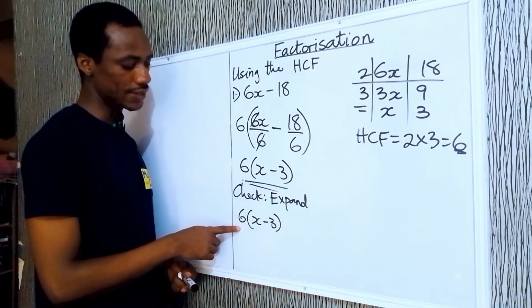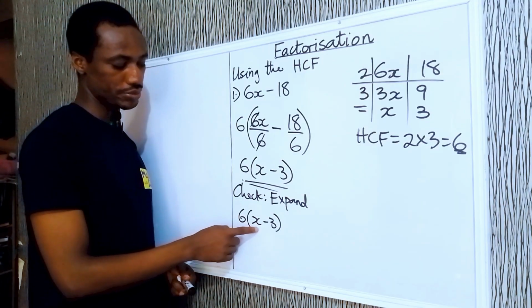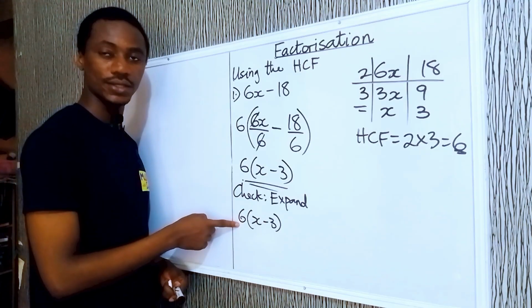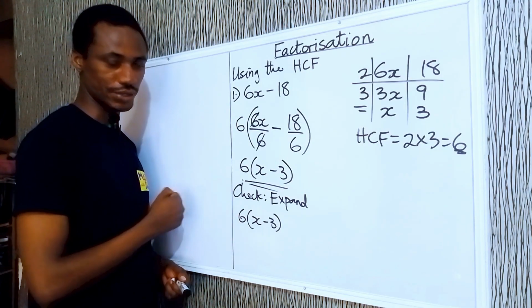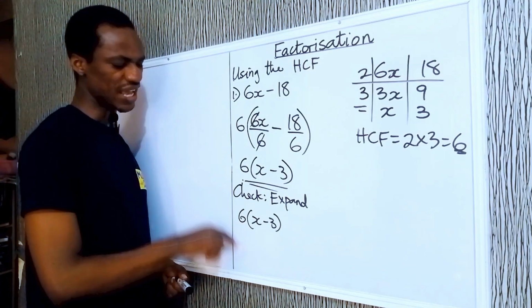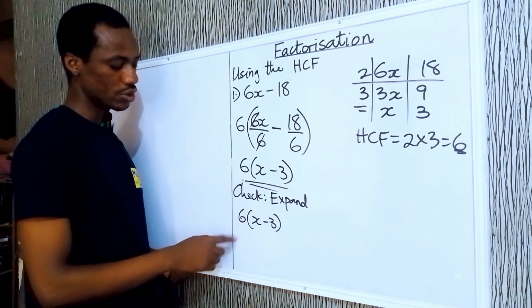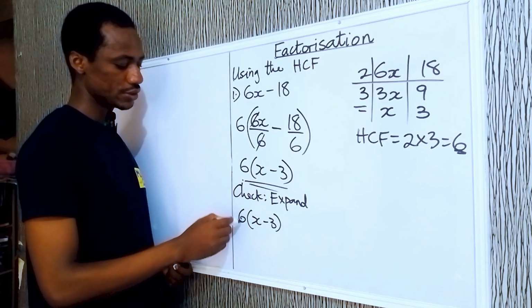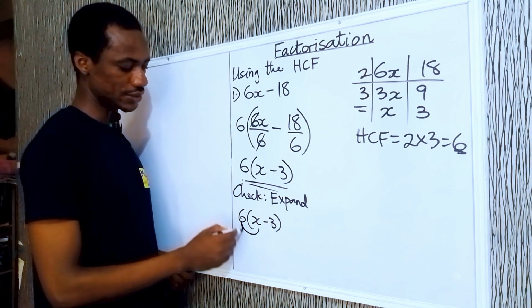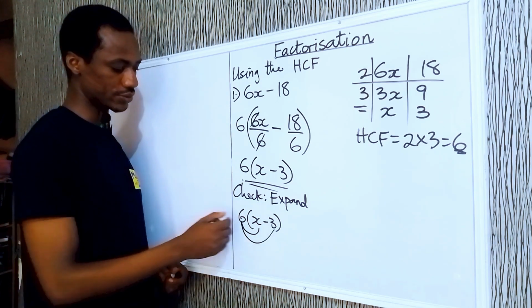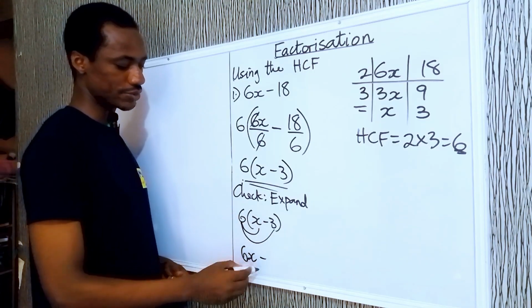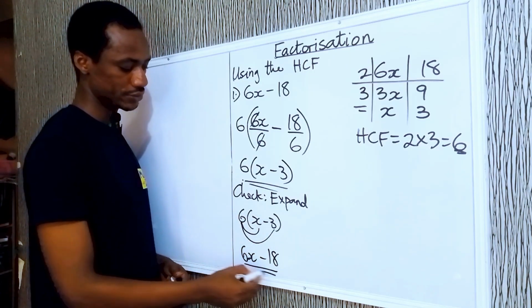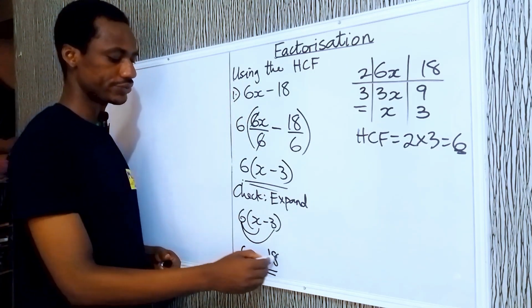So we multiply each term inside the bracket by the highest common factor that we factored out. So we do 6 times x and then 6 times 3. So 6 times x will give you 6x, and then 6 times 3 will give you 18. See? Checked.